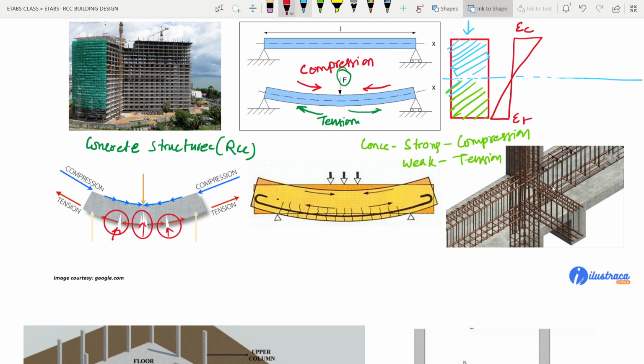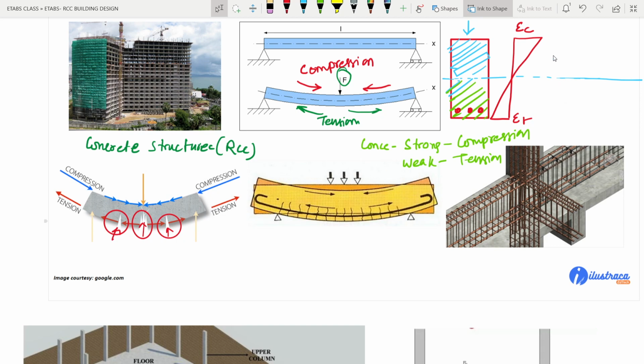You can see the 3D view here, where we have the concrete beams and columns, and we have provided these bars in the longitudinal direction. So how it will be provided here, suppose.